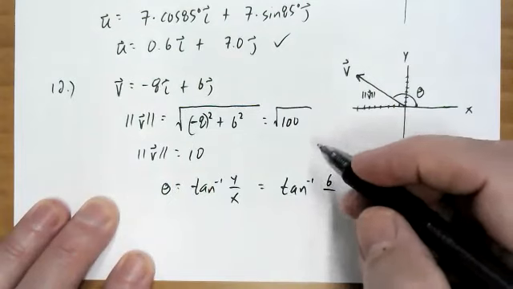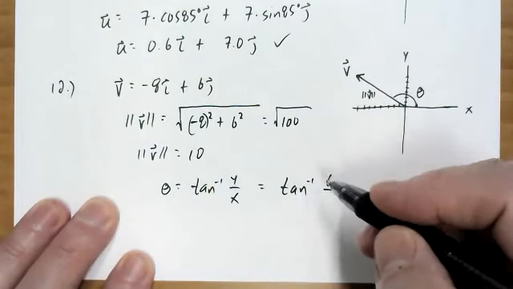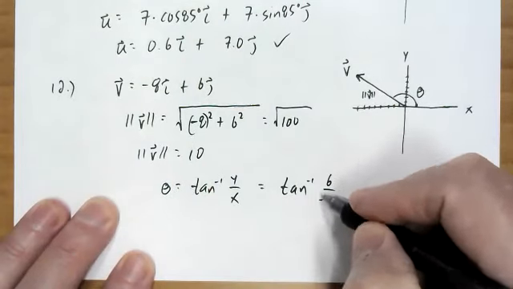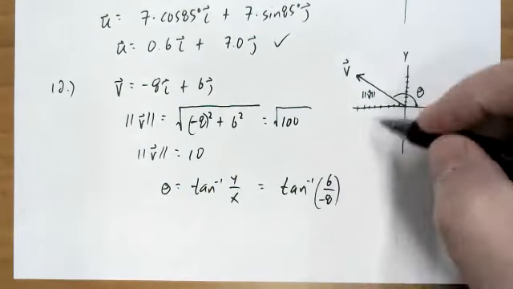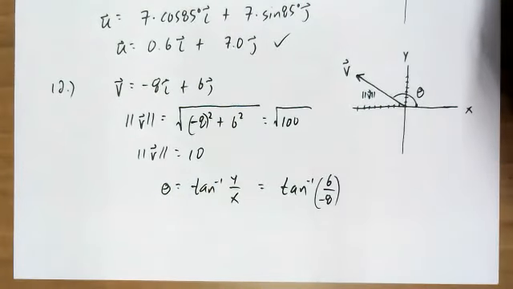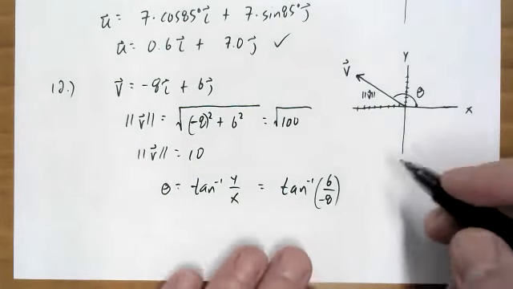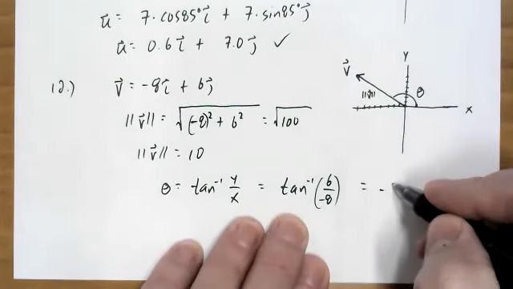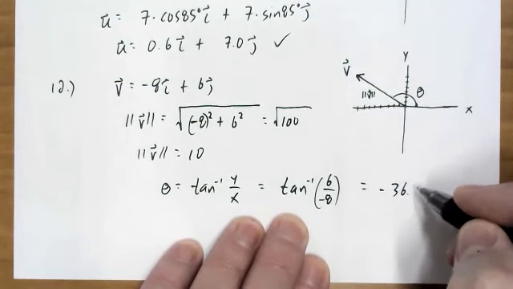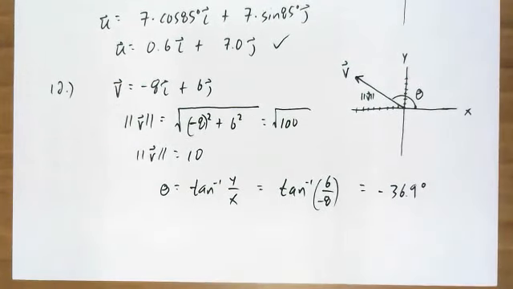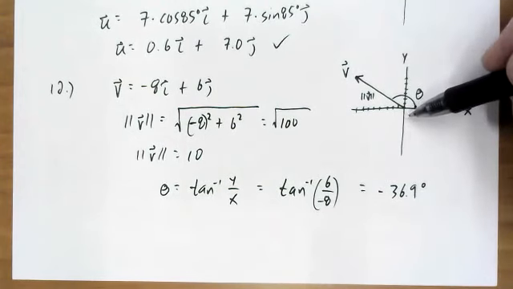And the x part, which is like the i part, is minus 8. So this is like negative 3/4 or negative 0.75. And I take the inverse tangent, and the answer in degrees is negative 36.9 degrees.